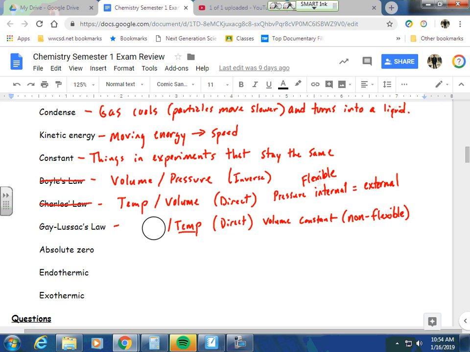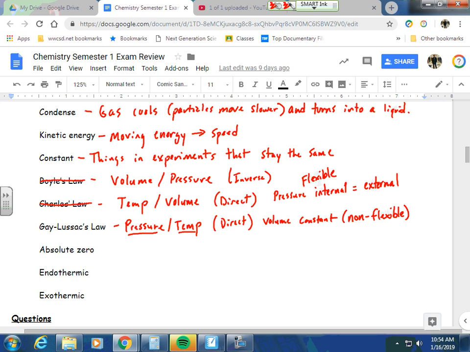It's a relationship between pressure and temperature. So if I increase the temperature, the pressure is also going to increase, because if I increase the temperature of the particles inside a container where the sides can't move, the particles are going to move faster. And they're going to hit the sides of the container more often. And how often they hit the sides of the container, that's pressure. Higher pressure, more collisions. Lower pressure, fewer collisions.